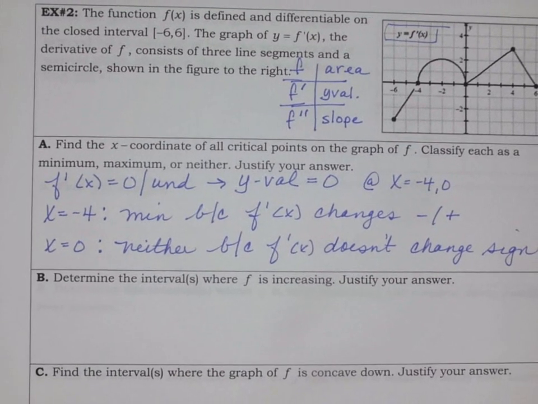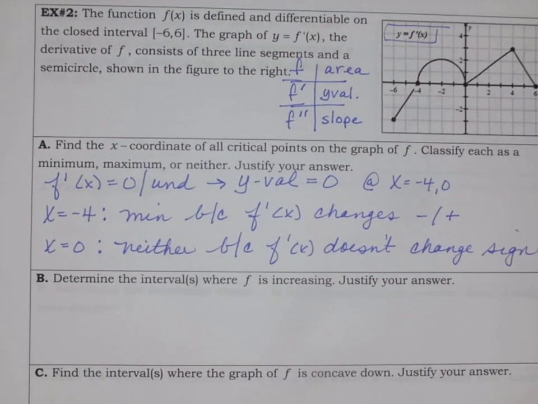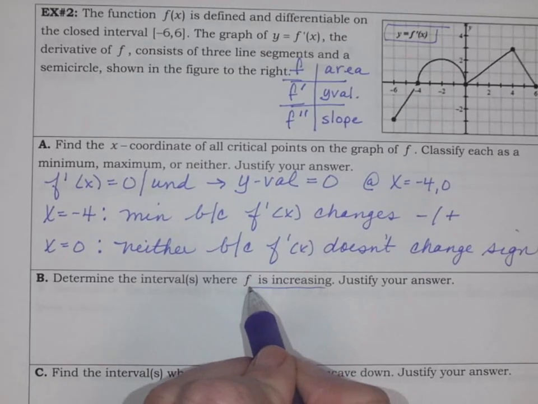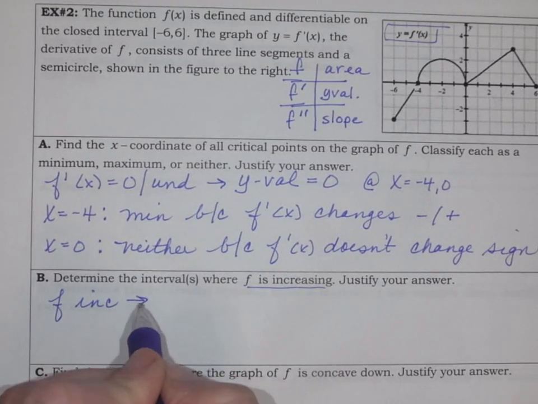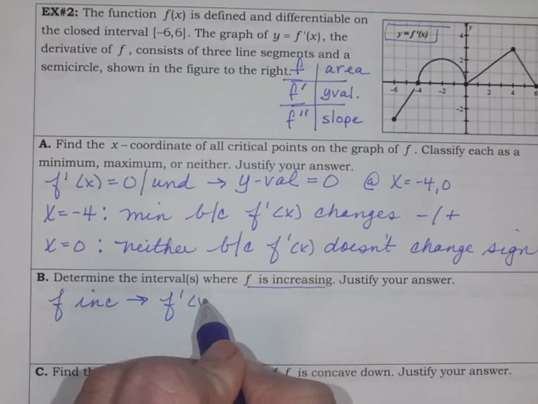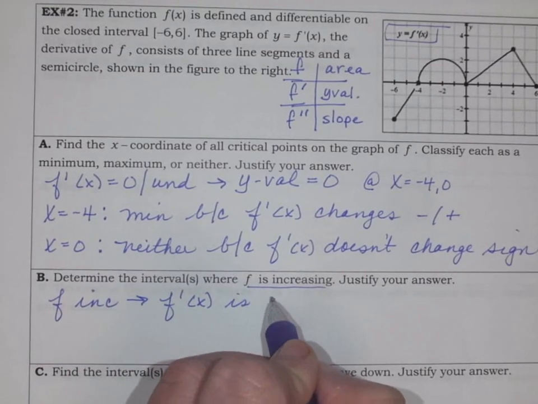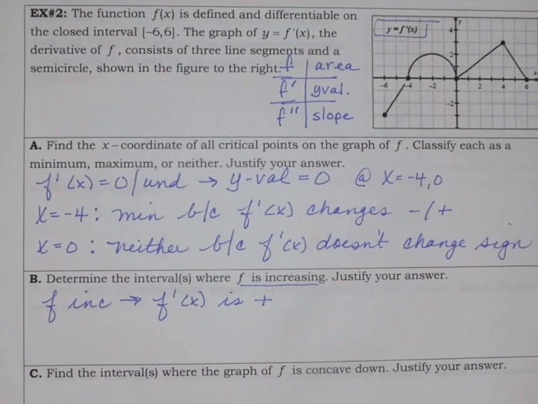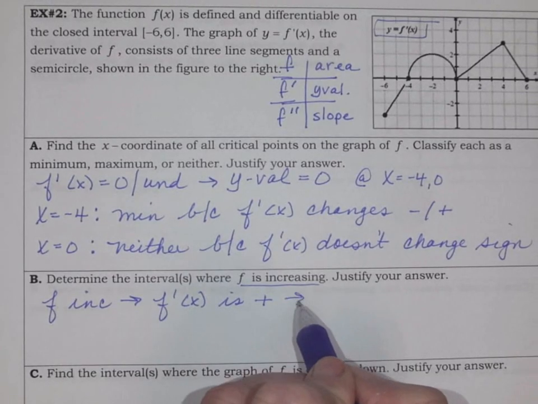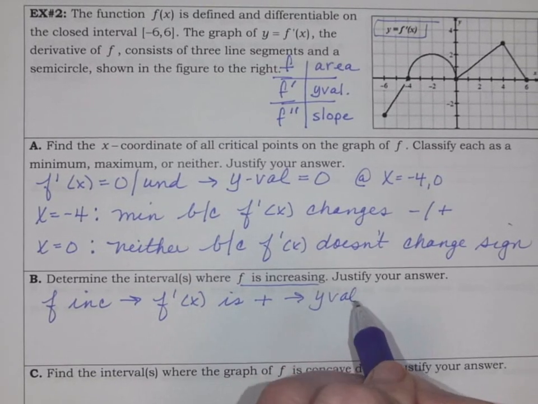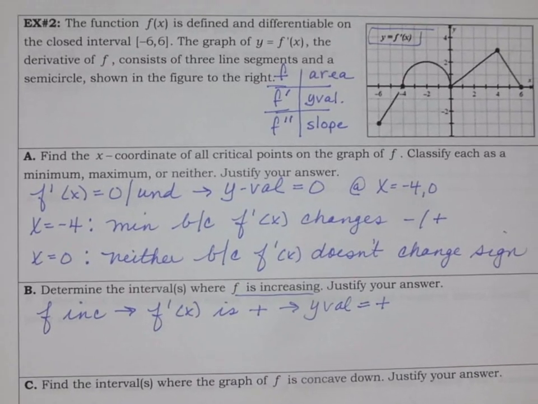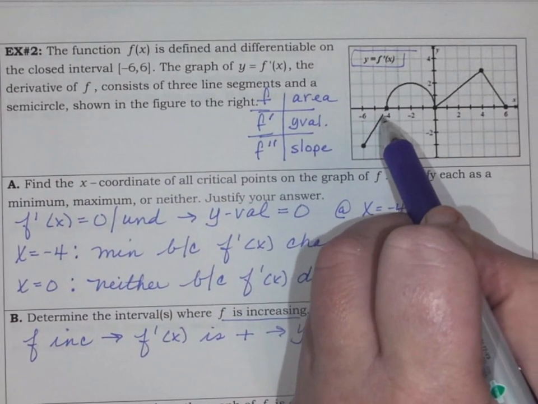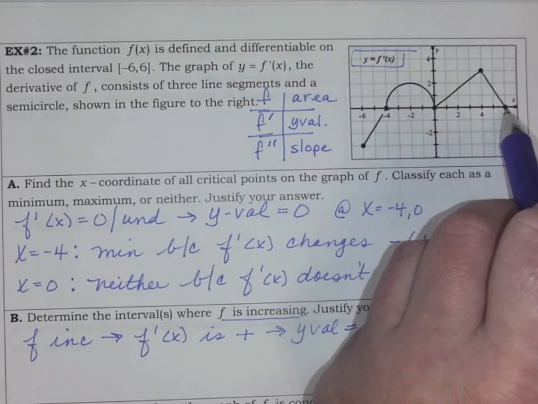Now we want to know where the intervals of f are where we're increasing. Well, remember, f is increasing when f prime of x is positive. So there's our justification. Now, f prime are going to be the y values on the graph, so we want the y values to be positive. So the y values are positive all the way from -4 to 6.